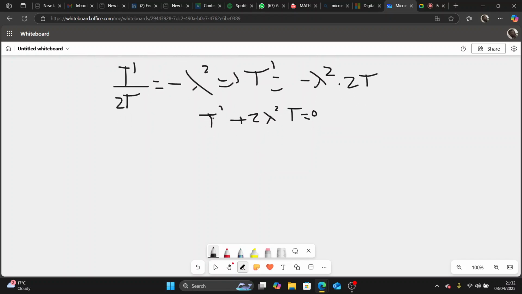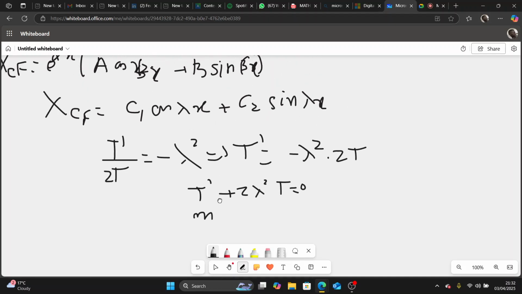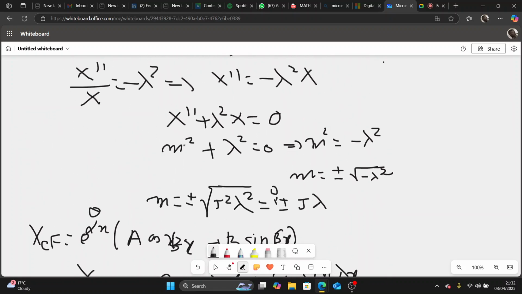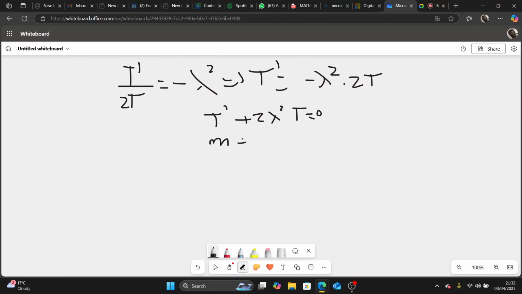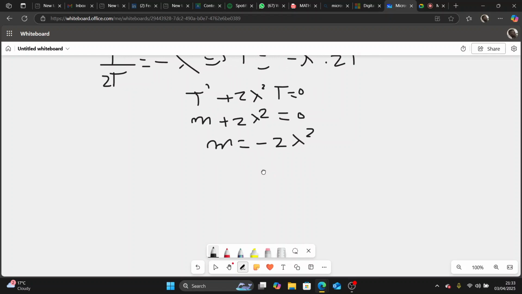Now because it is t prime, we simply have m. Here it was m squared because it was x second. Plus 2 lambda square equal to 0. Do you agree? In this case, m is equal to minus 2 lambda squared. This type of solution is the type where m is equal to a constant.